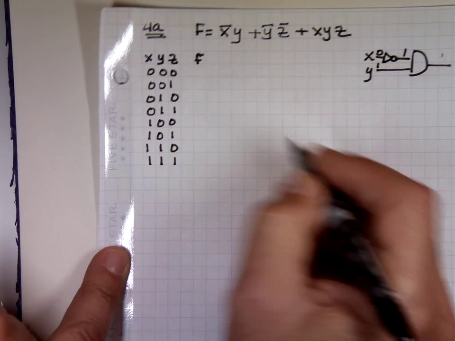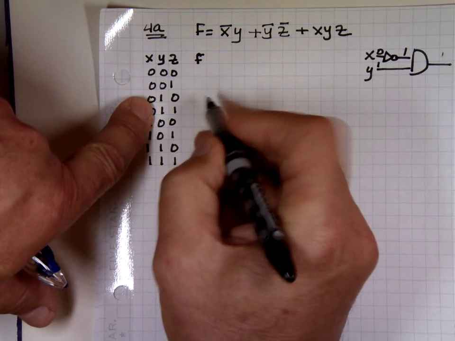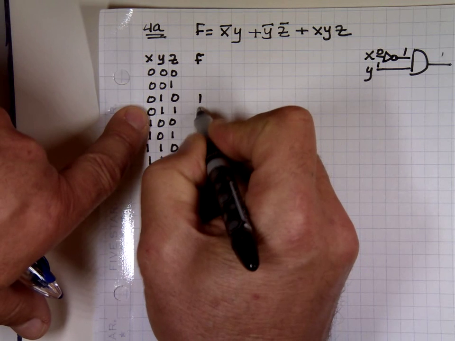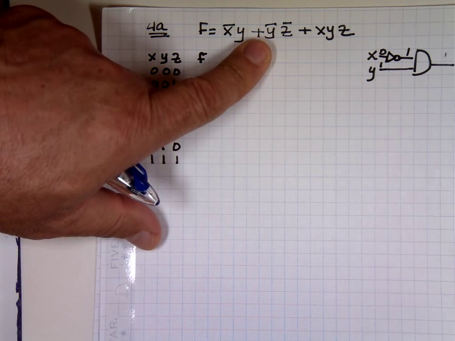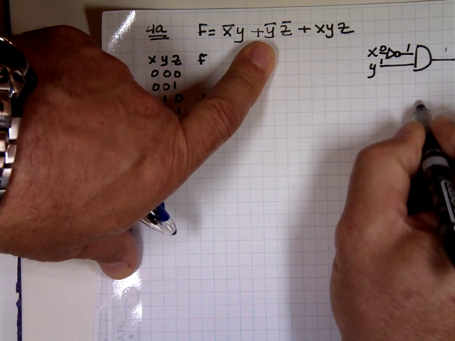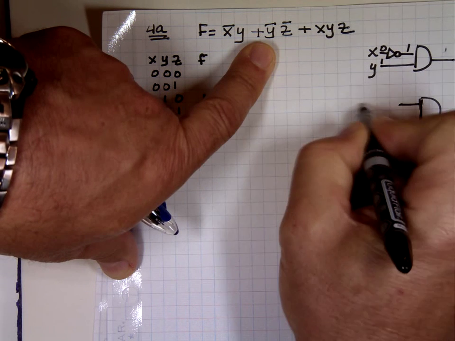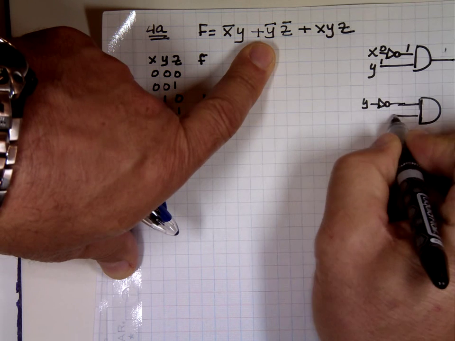So look at my chart. Where x is 0 and y is 1? Is that these two? I got a 1 here, and I got a 1 here. When x is 0, y is 1. The second one is an AND gate, and the AND gate will have a value of 1. Notice this is y bar, so you have y bar and z bar.